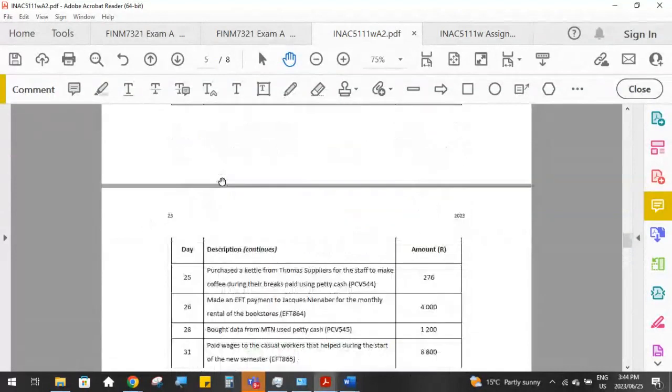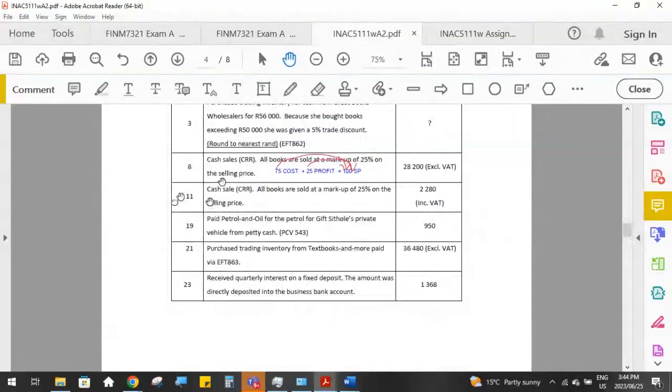8, 11, and 23. So transaction 11 is also a cash receipts, cash register. All books are sold at a markup of 25% on the selling price. And in that case, they gave us the including VAT amount. So this is the amount that would go under the bank column. And you then have to calculate 2280 divided by 1.15 will give you the excluding VAT amount.